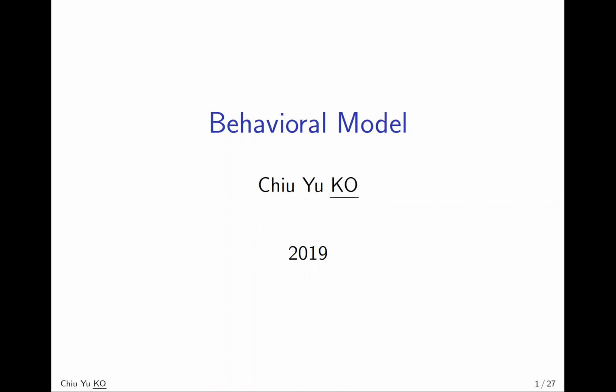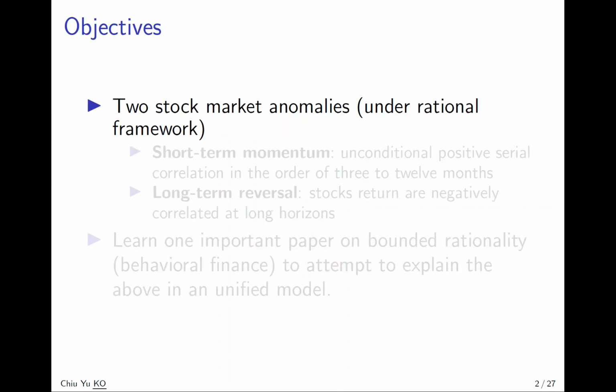Hi, in this class, we'll cover behavioral model. The reason why we want to study behavioral model is we want to explain two market anomalies, which cannot be explained well under rational framework.